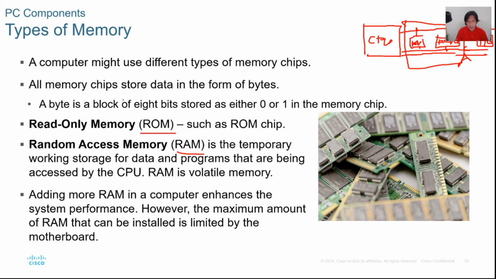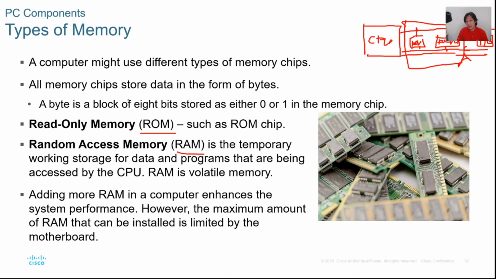All memory chips store data in the form of bytes. A byte is the basic unit of our information, built from bits. So 8 bits are equivalent to a byte, each bit stored as either a 0 or 1 in our memory chips.